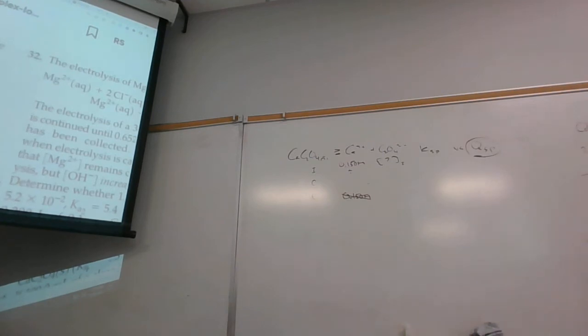And the situation is the more hydronium, the more this shifts to the right. And so the lower the pH, the more this shifts, increasing the solubility. The less hydronium, the more this shifts to the left, because hydronium is a reactant here. So we figure out what is the maximum amount of hydronium, or the minimum amount of hydronium, whatever way you want to phrase this, that can sustain this.